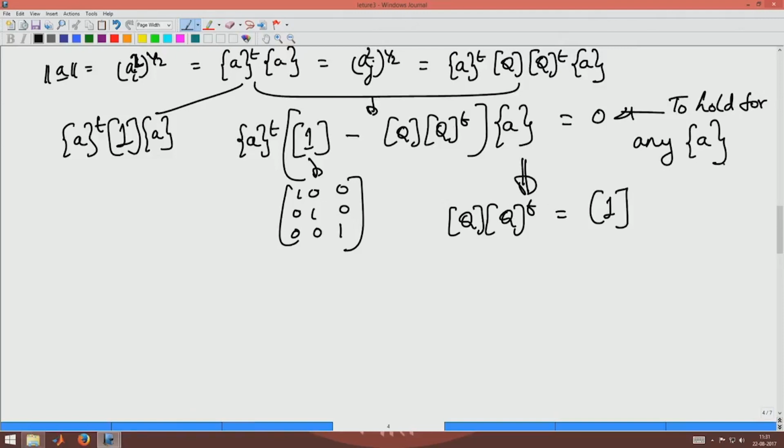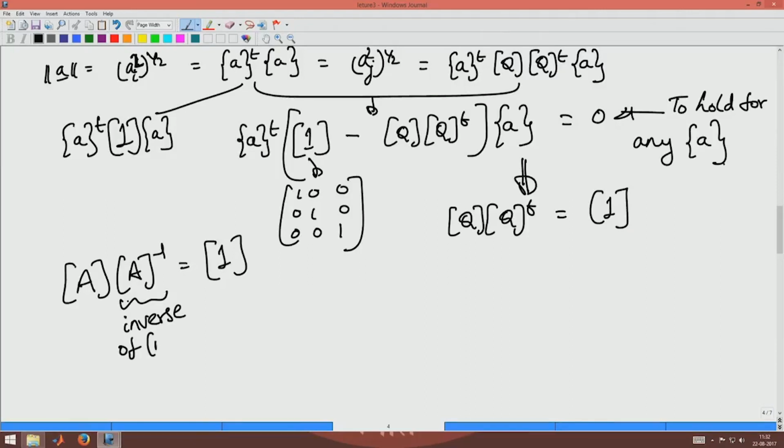Okay. What does this mean? We know that if I have A and A inverse, then this will result in an identity matrix, right. This is called the inverse of A. Okay. That will be an identity matrix, which means here Q inverse is equal to the transpose of Q. Okay. That is what this means. The inverse of the matrix is the transpose of the matrix.